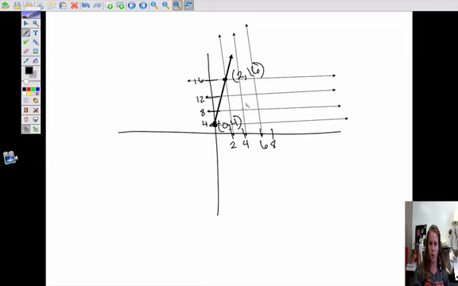But if we look closely at this, I go up from 4 to 16. That's a change of 12. So my rise is 12. I go over from 0 to 2. That's a change of 2. So my run is 2. My slope then would be 6. So what looks like 3 over 1 is not the case.